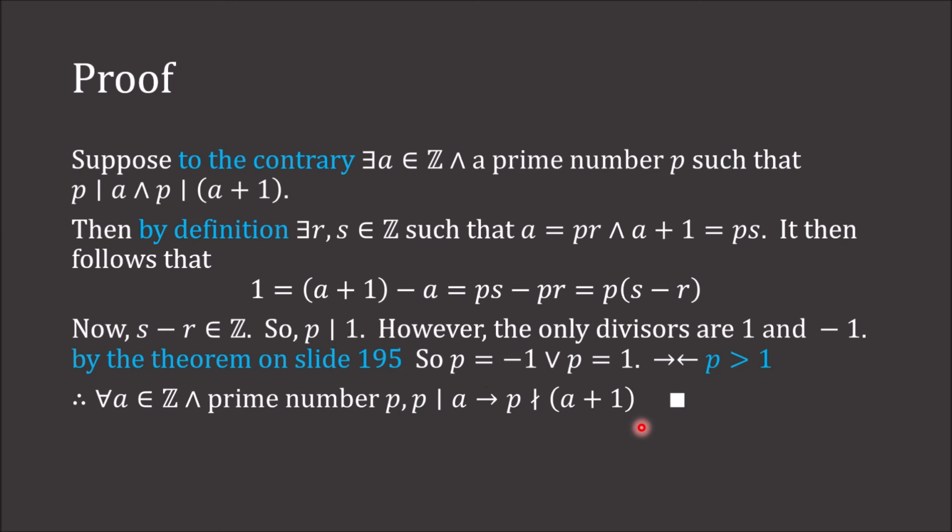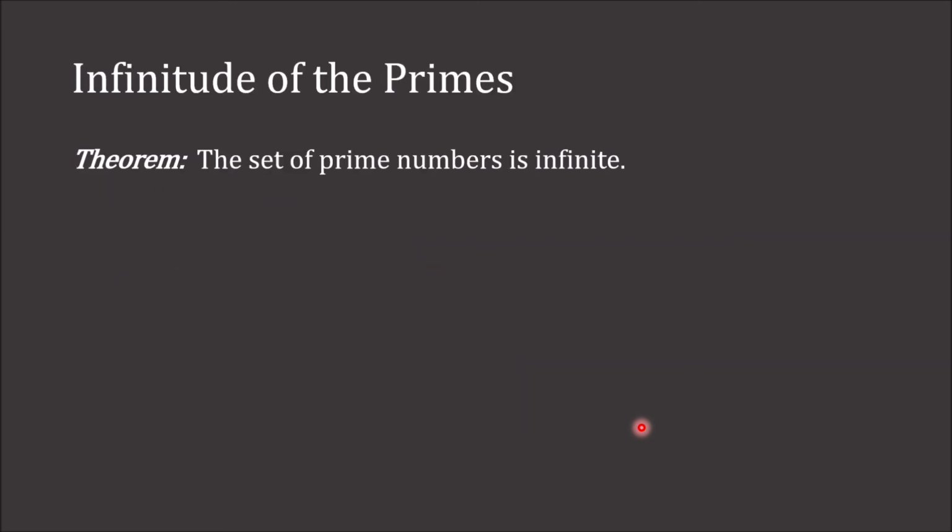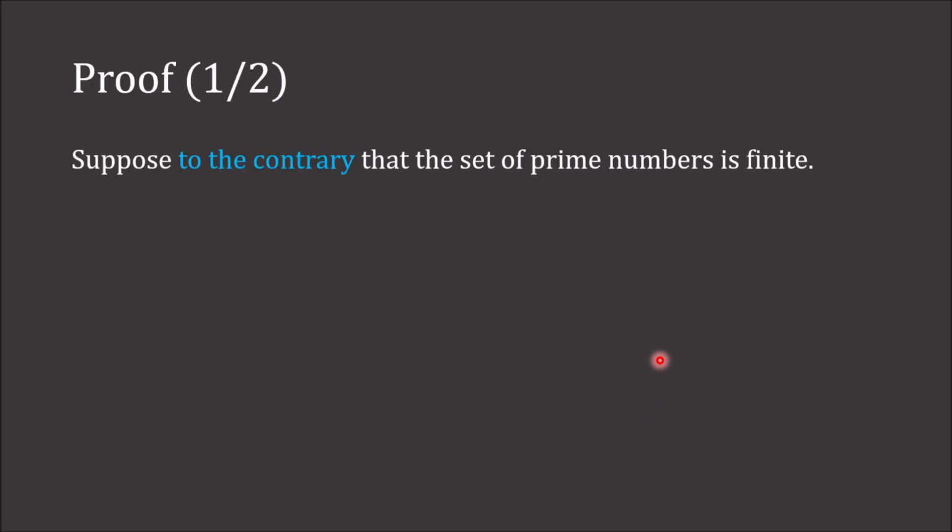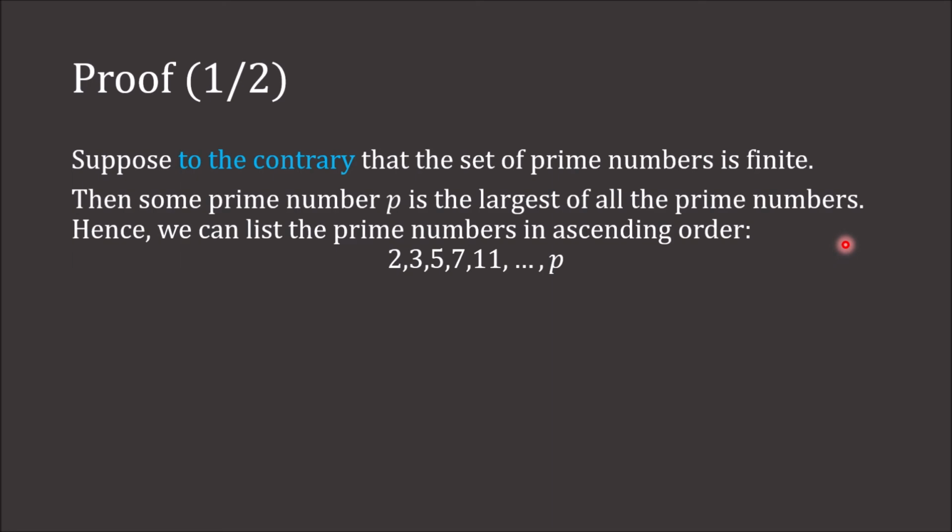And we can now tackle the second famous proof, that is, that the set of prime numbers is infinite. In other words, there are an infinite number of primes. Again, this will be done by proof by contradiction. So suppose, to the contrary, the set of prime numbers is finite. Then this means that there has to be a largest prime number.